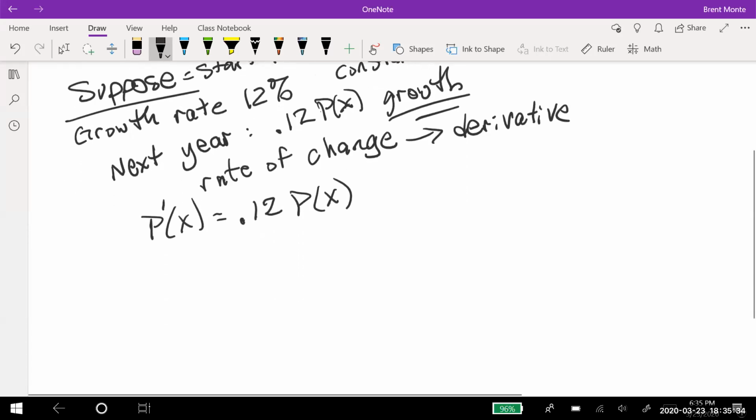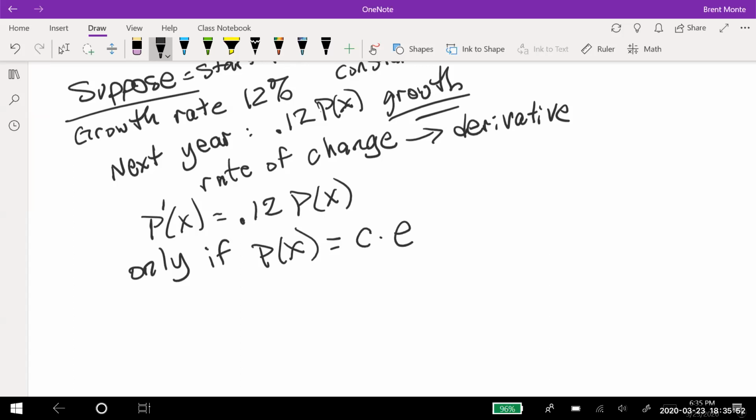Well, it's easy to see if I have a growth rate of 12%, but from what we just did, the only way this can happen is if our original function P of X was some constant times e to the 0.12x. Let's see if that makes sense. So let's do a quick check. If I do P prime of X, think about what I get back.